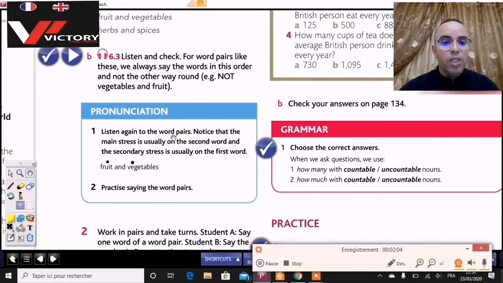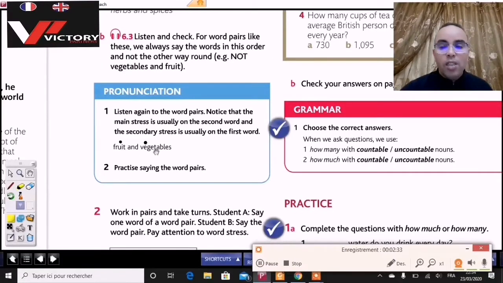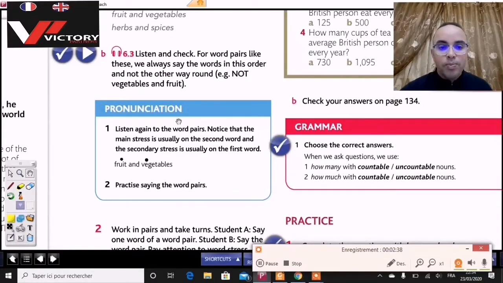Okay, so concerning the pronunciation, what are you going to do here? You are going to listen again to the word pairs in the exercise above and notice that the main stress is usually put on the second word and the secondary stress on the first word, which means the second word sounds louder than the first, like fruit and vegetables, herbs and spices.